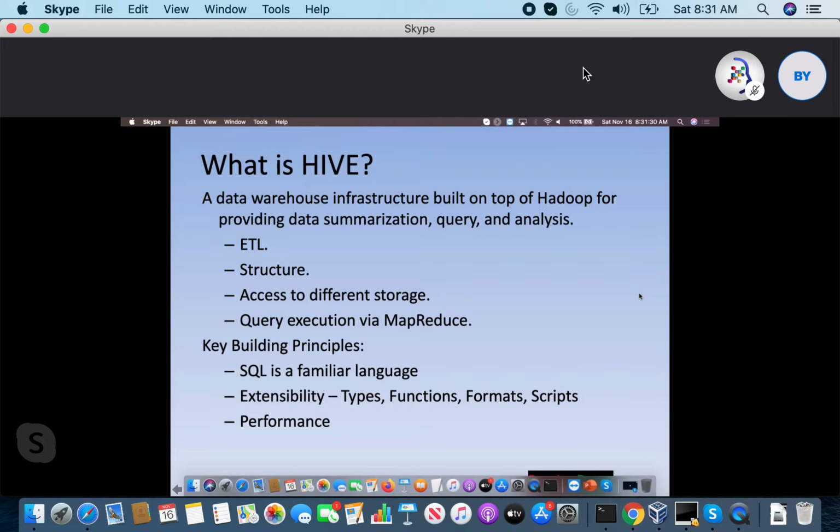Tomorrow you may come up with something else, ABCD. I will give you a tabular view on the top of that also. And that's the fundamental idea of S3. So when you have S3, the way that you are going to access S3 is through Hive. But at that time, that Hive is not going to point to HDFS. It will point to S3. Access to different storage.